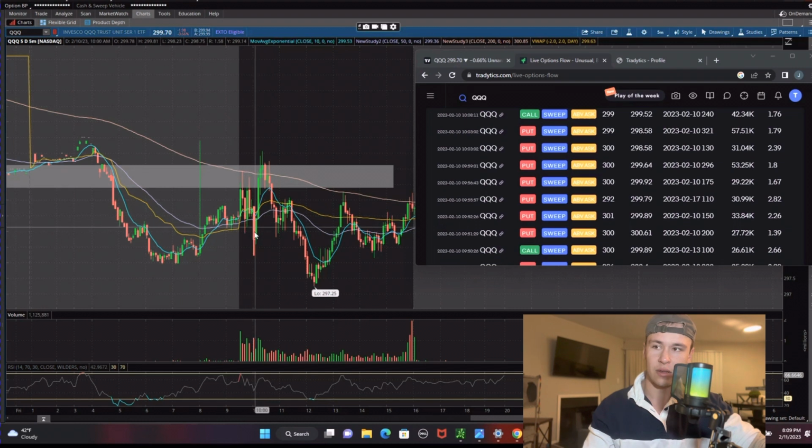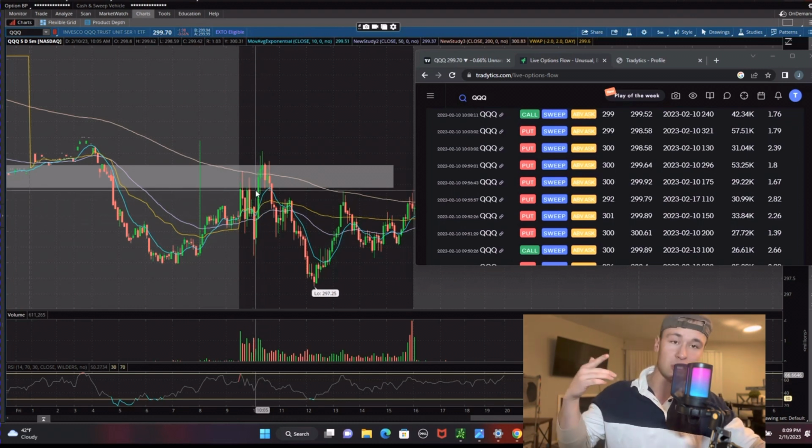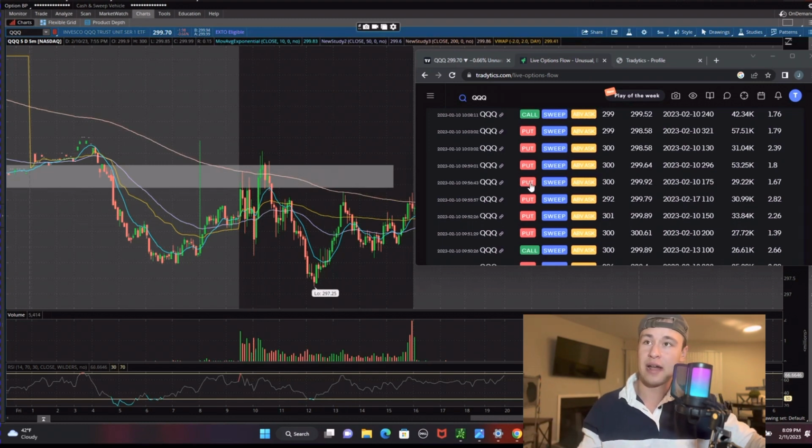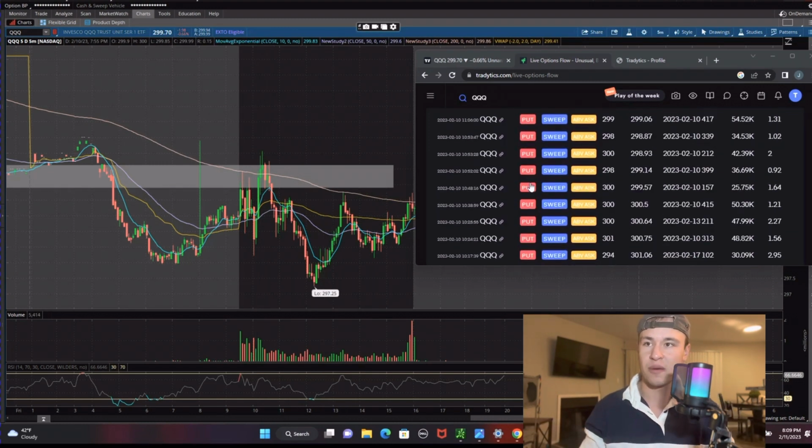Obviously, we did sink down a little bit. Most of these puts cashed out around this area. So I believe that's the 298 area. And then, we got this nice liquidity push upwards back into that demand area. And then that's when I was starting to look at my position and start to enter it.